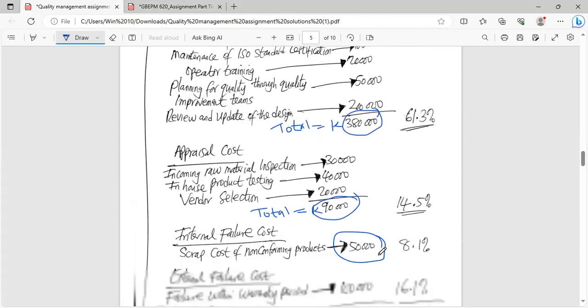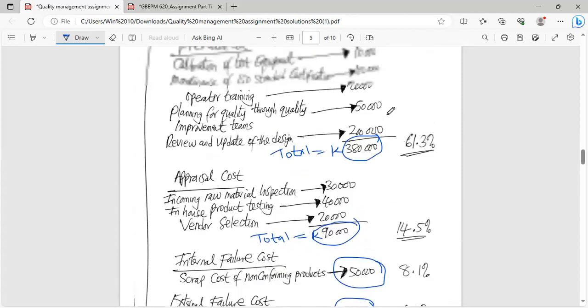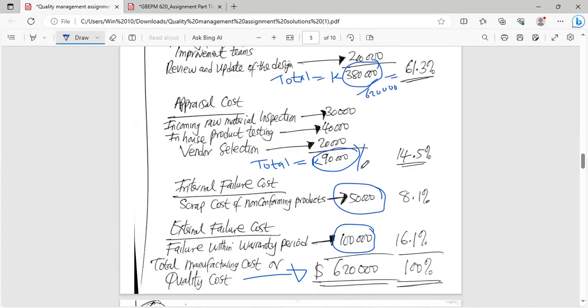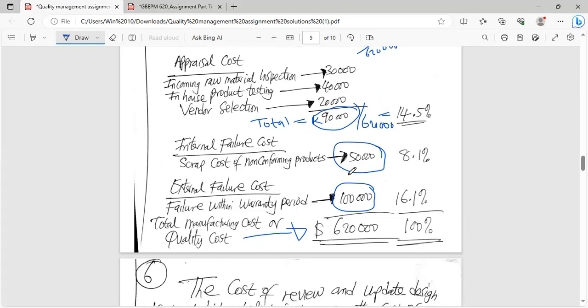And then this one as a percentage, so meaning that we're dividing this one by 620,000. So we are presenting this one as a percentage. This one divided by 620,000, we are simply getting 14.5. This one divided by 620, we are actually getting the 8.1.